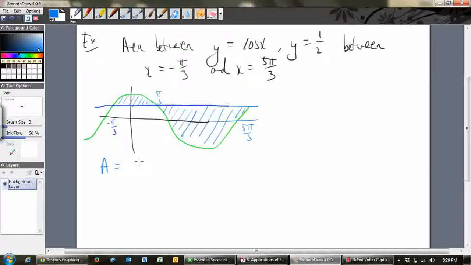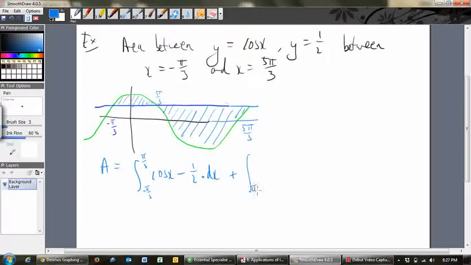So your area will be equal to, let's do the first chunk first. It'll be between negative pi on 3 and pi on 3, and the top function is cos x minus the bottom function. The bottom function is y equals half, so minus a half dx. Right, let's add the second lot.